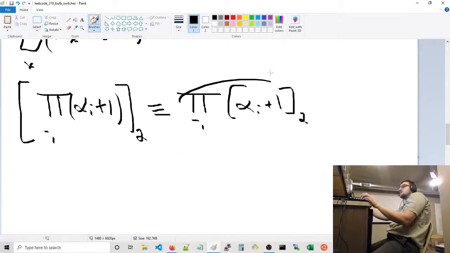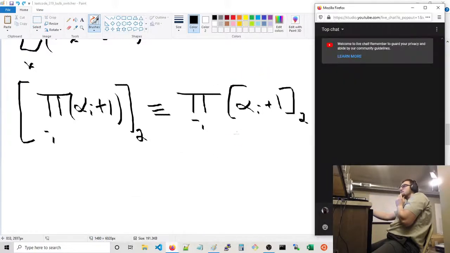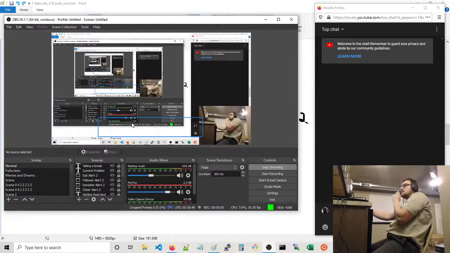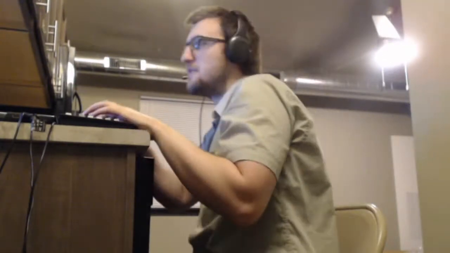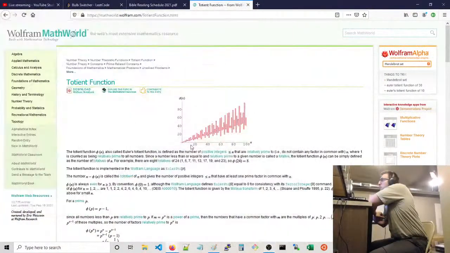I want to take a look at the totient function quickly, because I think it might be useful here. You kind of need to know a little bit about number theory in order to use the totient function. Relatively prime means they don't contain any factor in common.